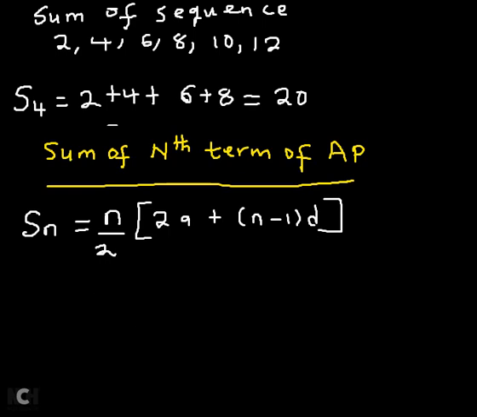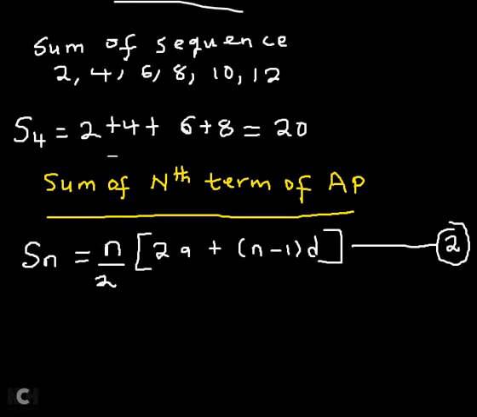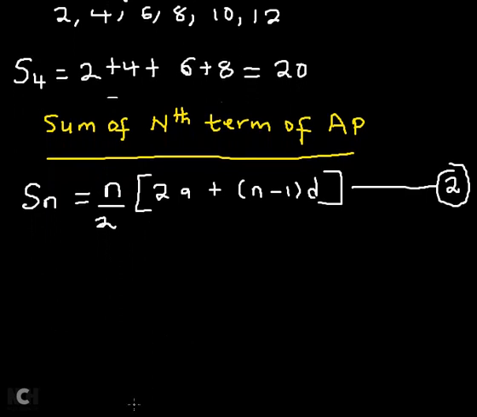Now all this formula, though they have derivations, I don't want to go through the process of their derivation. I've given you one. Now let me call this formula number 2. This is the formula for the sum of the nth term of an AP, because I'm interested in solving questions with this formula. So just in case you're asked to find the sum of the nth term of an AP, you use the formula directly. Now let's actually test this formula.